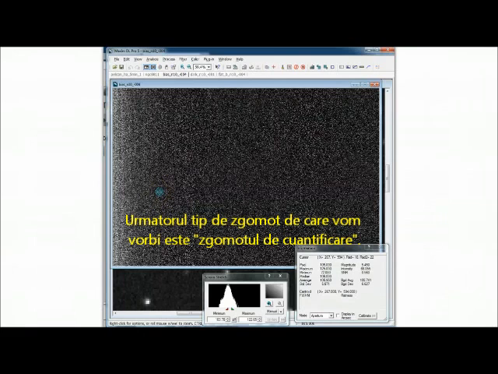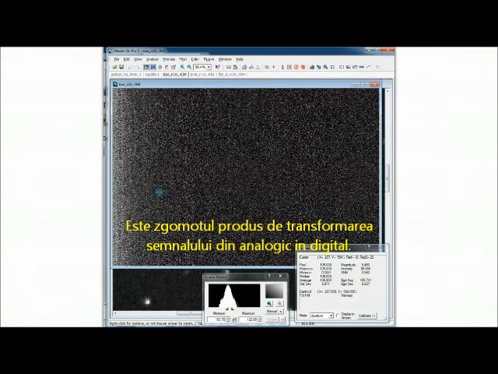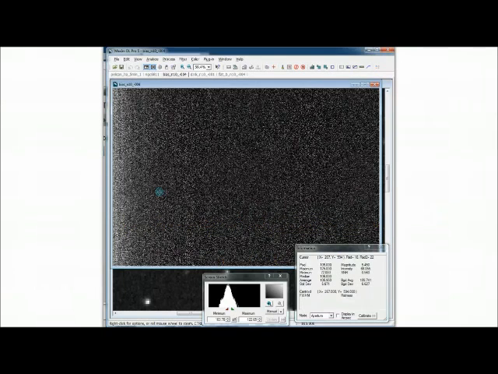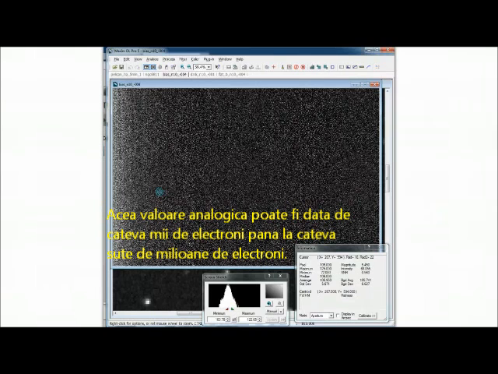The next kind of noise we need to discuss is called quantization noise. This is noise created in the analog to digital conversion of your data. After all, photons hitting a chip create an increase in charge in each of the pixels of your CCD imager. That's really an analog value. It's a continuous value.